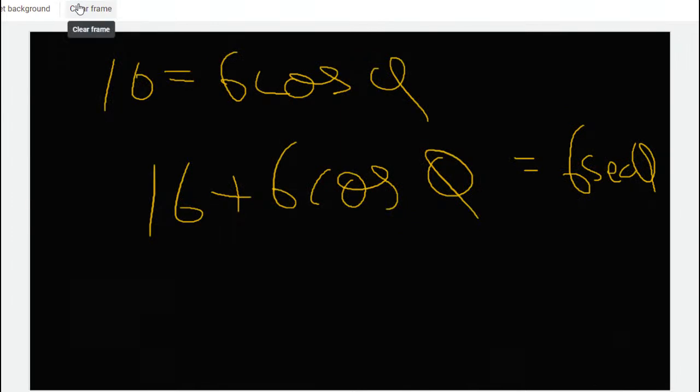Go ahead: 16 plus 6 cos theta. I'll write it on slide 2.